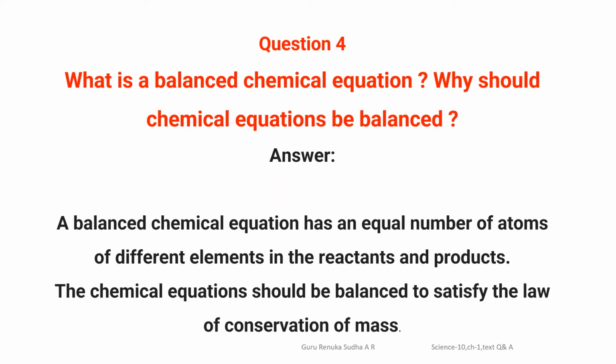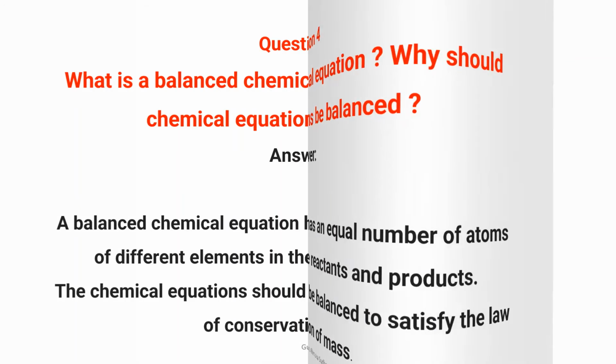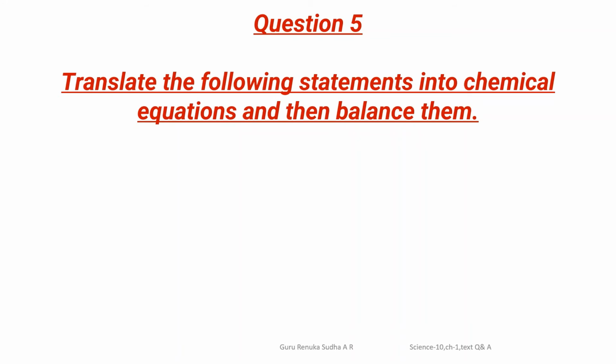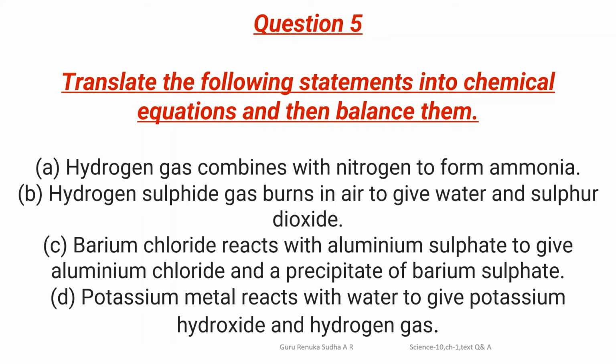Yes, question number 5. In question number 5, they are asking, translate the following statements into chemical equations and then balance them. They have given word equations that you have to represent symbolically.